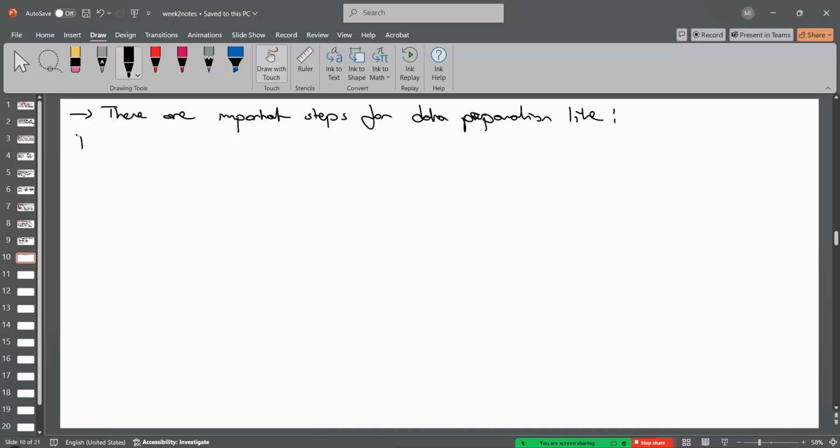First of all, we apply data preprocessing. It's necessary because we need to reduce the unwanted noise or meaningless data.